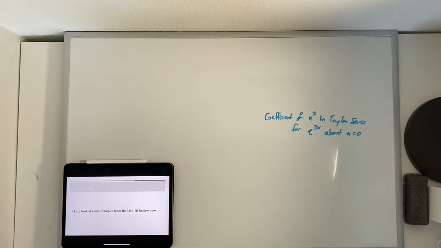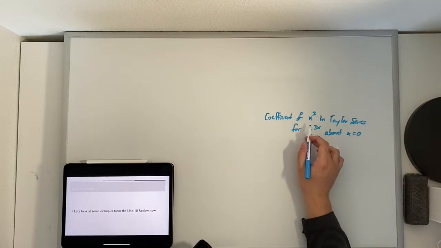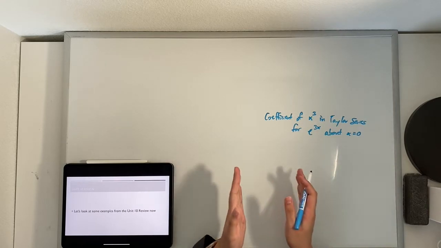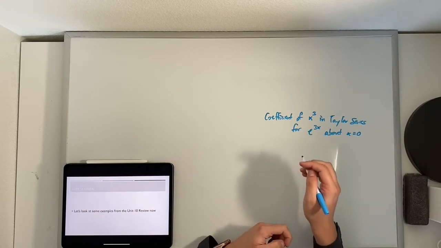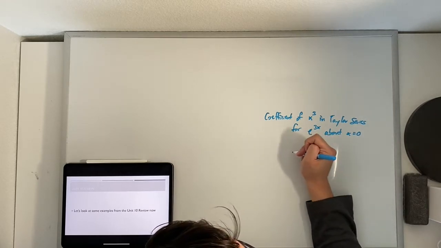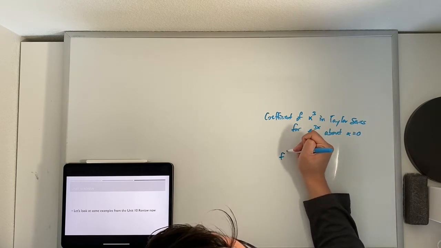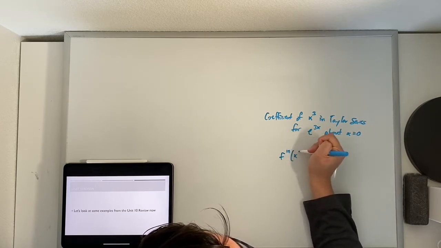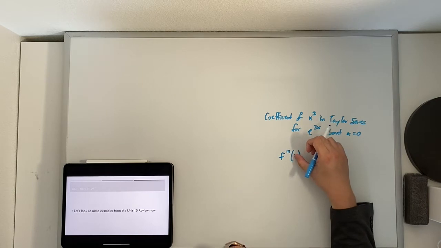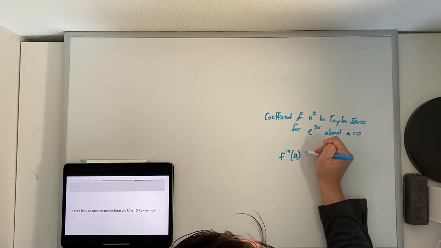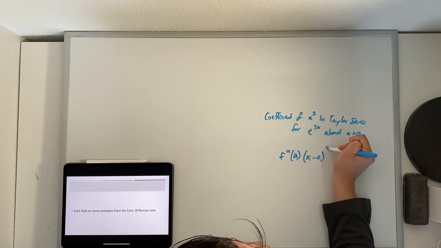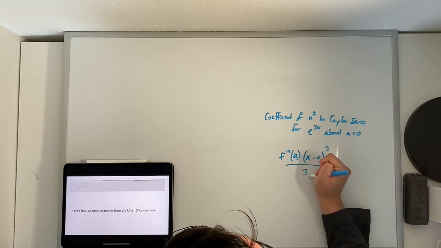Okay. Well, the coefficient of x cubed means that if we're looking at that specific term in the Taylor series, we have f triple prime of a times x minus a cubed all over 3 factorial.